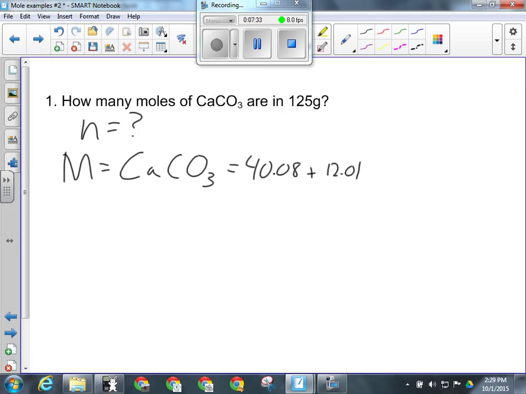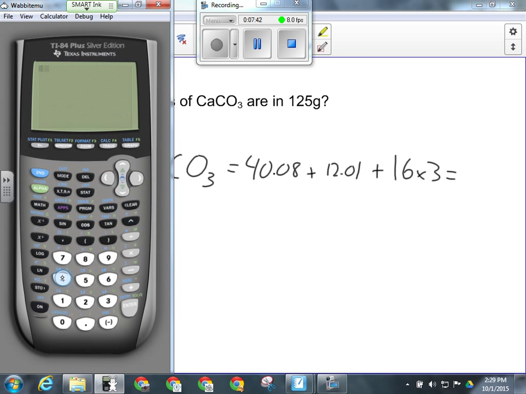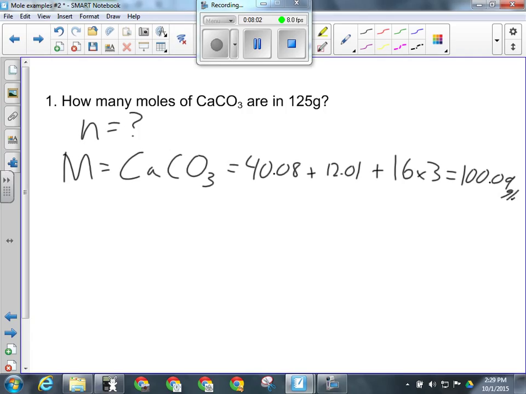How many oxygens are there? 3. When we've got those, we add them all together. So we got 40.08 plus 12.01 plus 48, that's 16 times 3. So 100.09 is our molar mass in grams per mole.